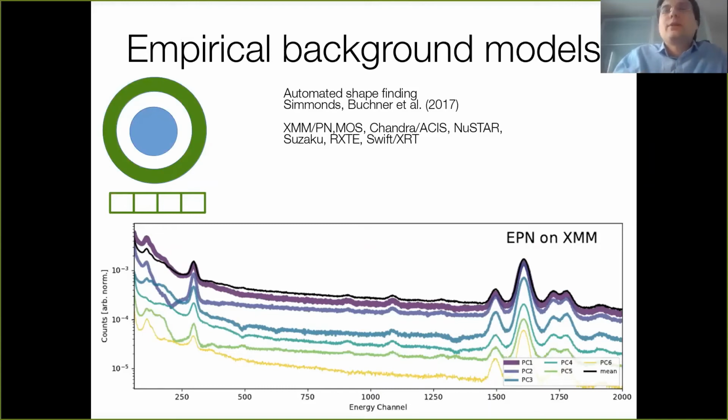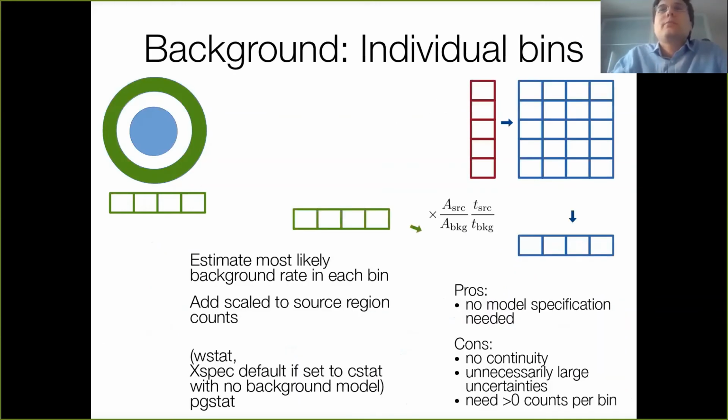And this is a way to automatically construct models, because now you can mix these components to describe one particular background in one particular source that you're interested in. So this is an automated way to find background descriptions, and this is also available in BXA for you.